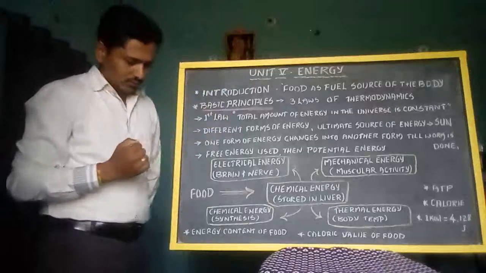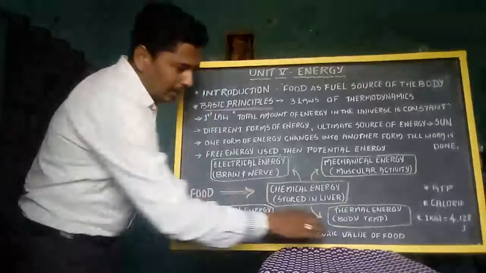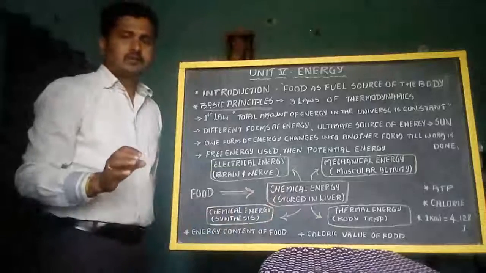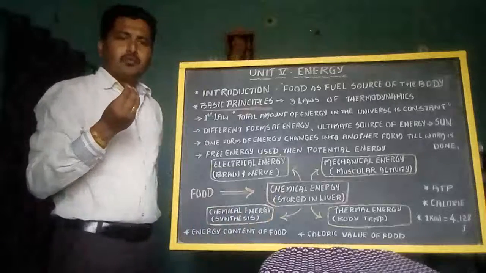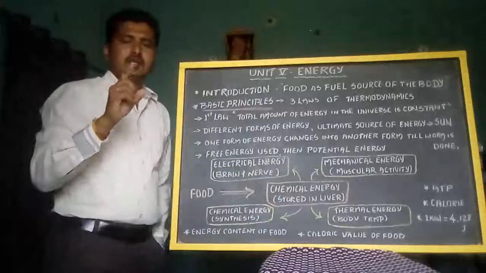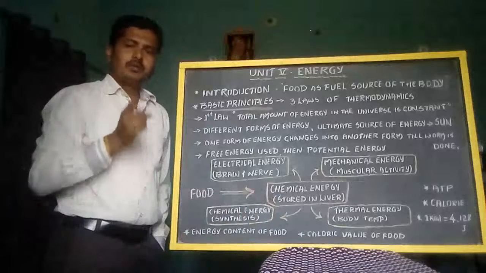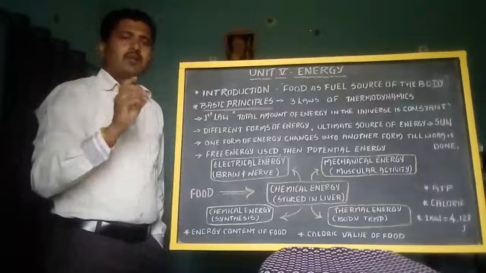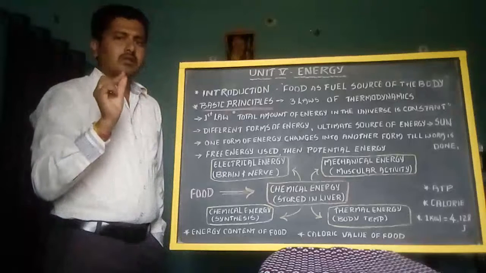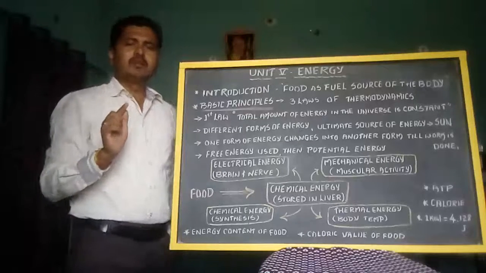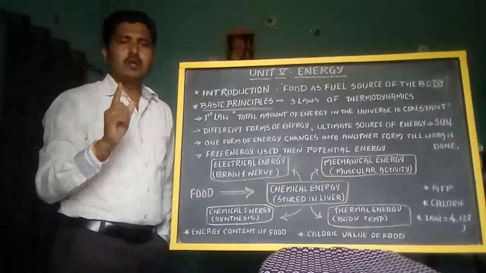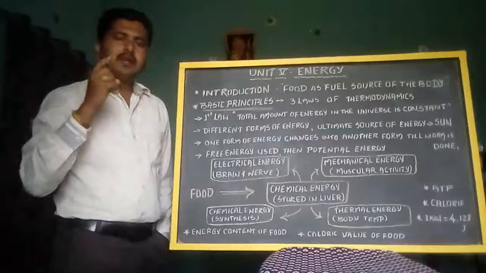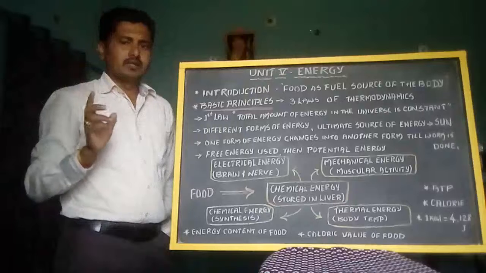Yes, and one more thing, caloric value of food. Whatever food we are going to consume is in the nature of carbohydrate, fat and protein. After the combustion of 1 gram of carbohydrate, it will provide 4 kilocalorie of energy.